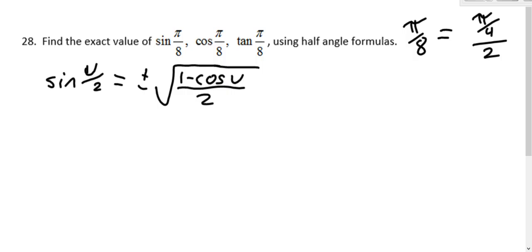So u is pi over 4 because it's pi over 4 over 2. So we plug that in and we get 1 minus cosine of pi over 4, which is square root of 2 over 2, all over 2. And you have to look at pi over 8 to determine if it's plus or minus. Pi over 8 is in quadrant 1, where sine would be positive. So we're only taking the positive answer here.